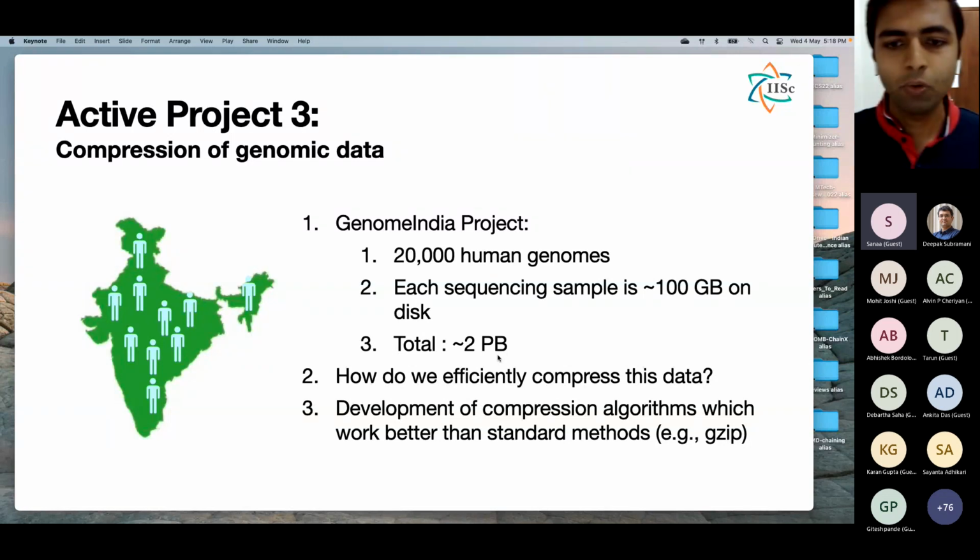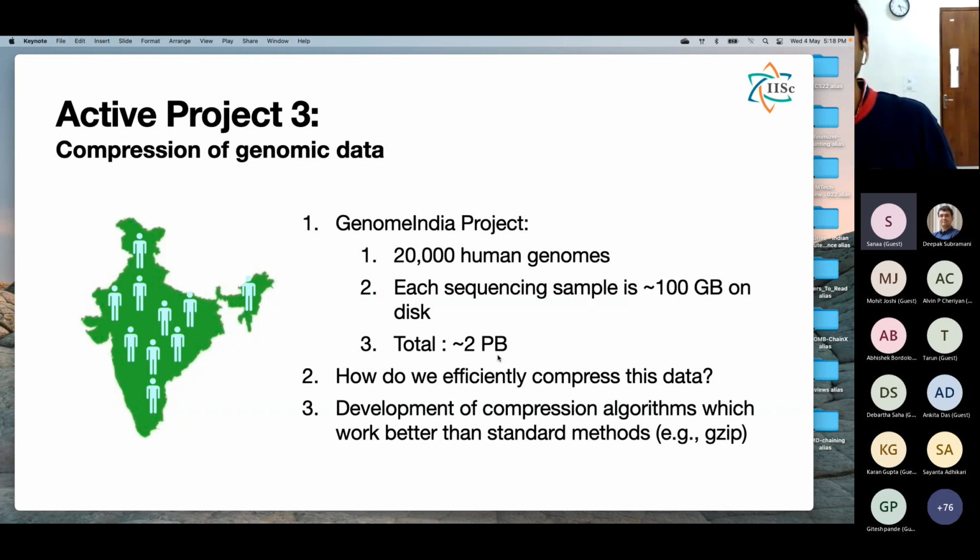So this project concerns compressing the genomic data, and naturally we want to use the redundancy in this data to compress it as much as possible. One may ask, why don't you use gzip? Gzip doesn't know about the specific domain characteristics of this data.